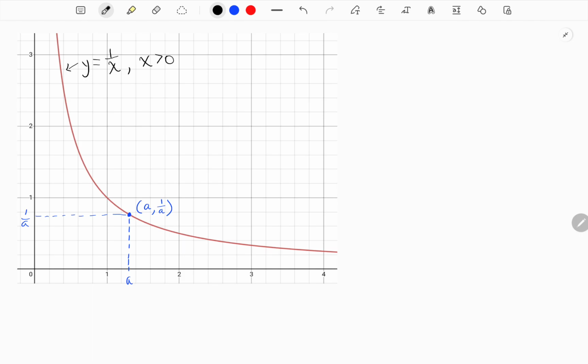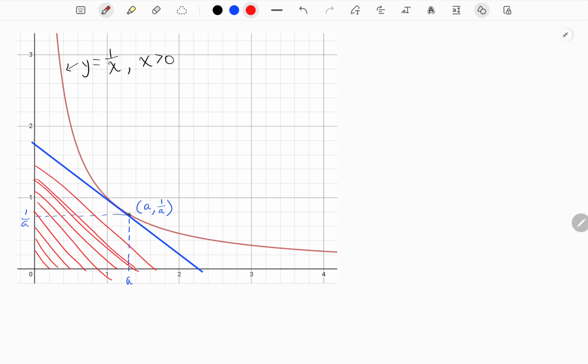If I form a tangent line to this point, tangent to this curve, I am going to get something like that. Okay, and I am interested in what the area of this triangle is.